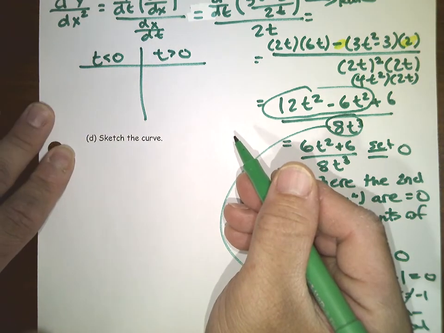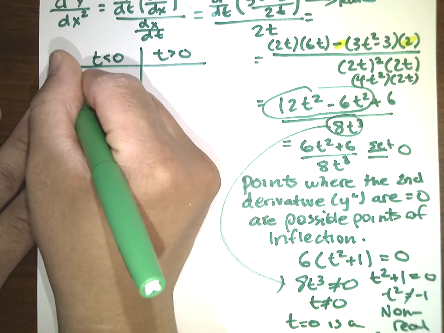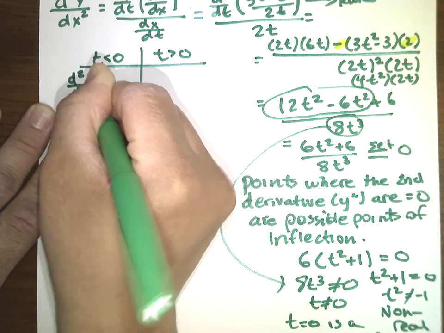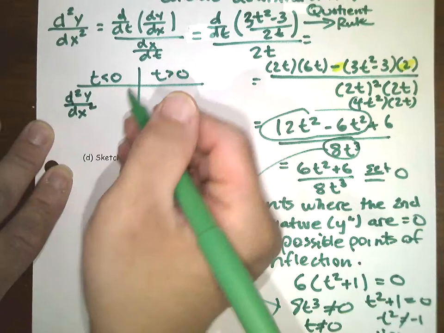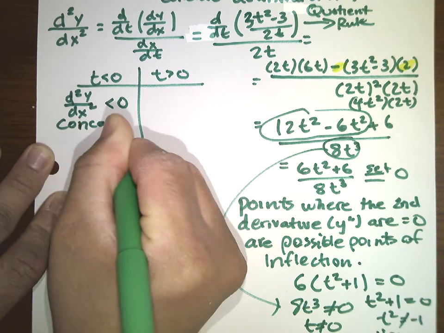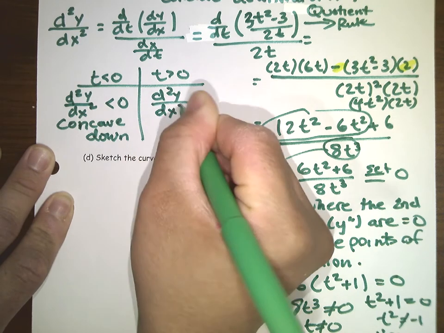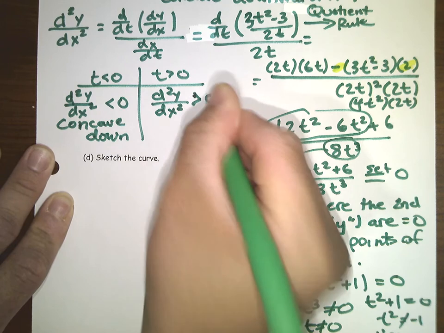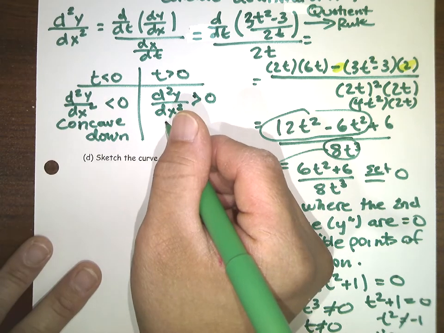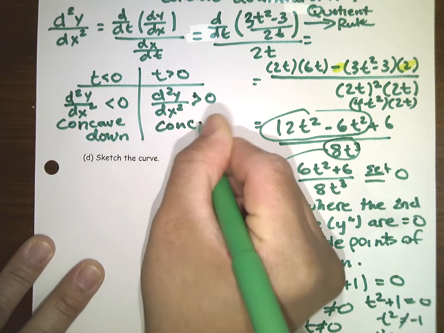If t is less than 0, the second derivative is going to be less than 0, and you can verify this by substituting in a value of t, so this will be concave down. If t is greater than 0, the second derivative is going to be greater than 0, and you can verify that again by substituting a value of t greater than 0. So here it will be concave up.